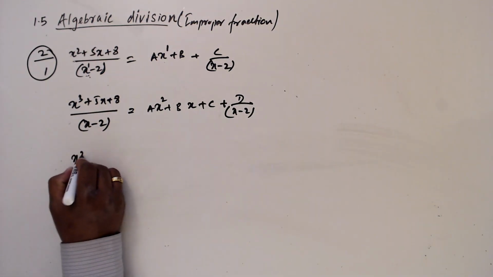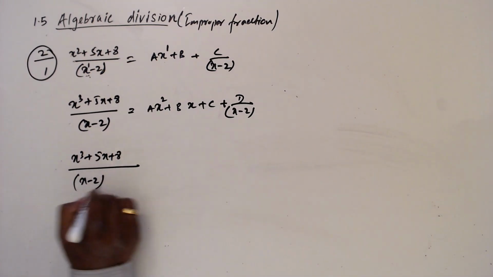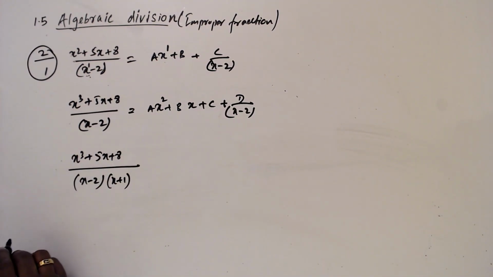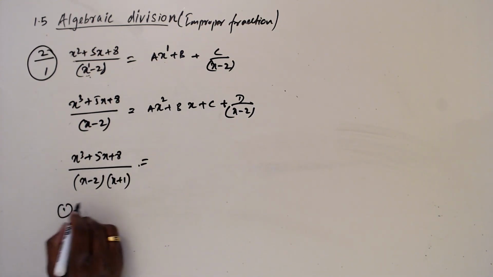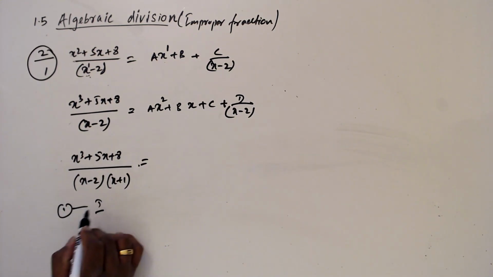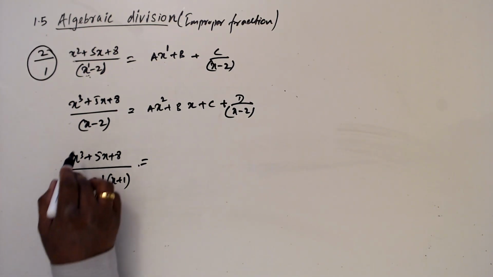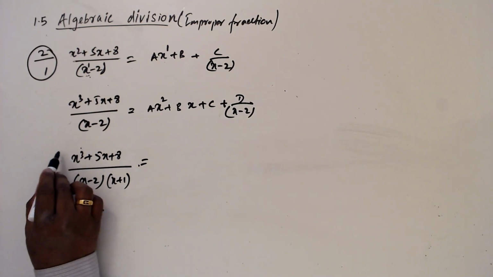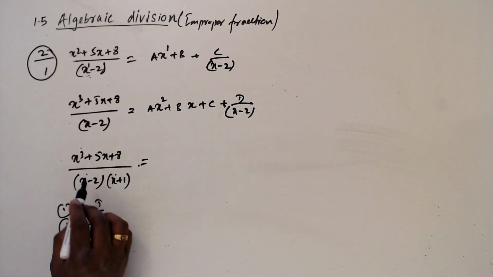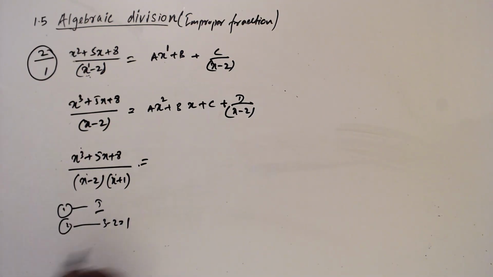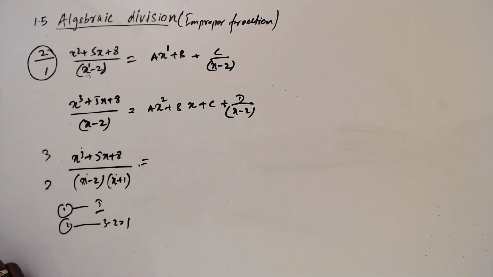Another example: x cubed plus 5x plus 8 over x minus 2 times x plus 1. Now, first check improper or proper? Improper. Then what is the difference? The highest power here is 3, and the highest power here is 2, because x times x is x square.